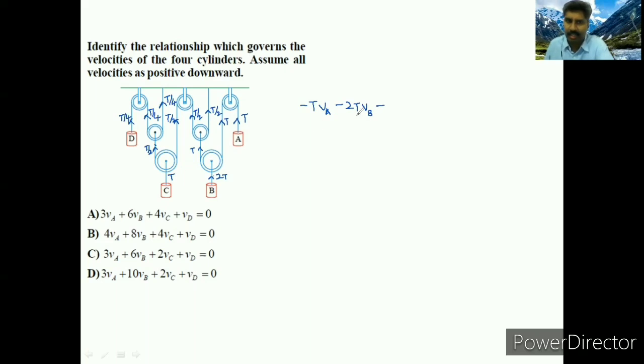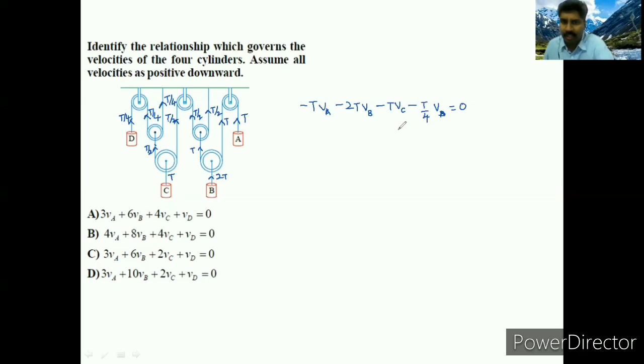Minus, C, T vC. Minus, it is T by 4 vD is equal to 0.